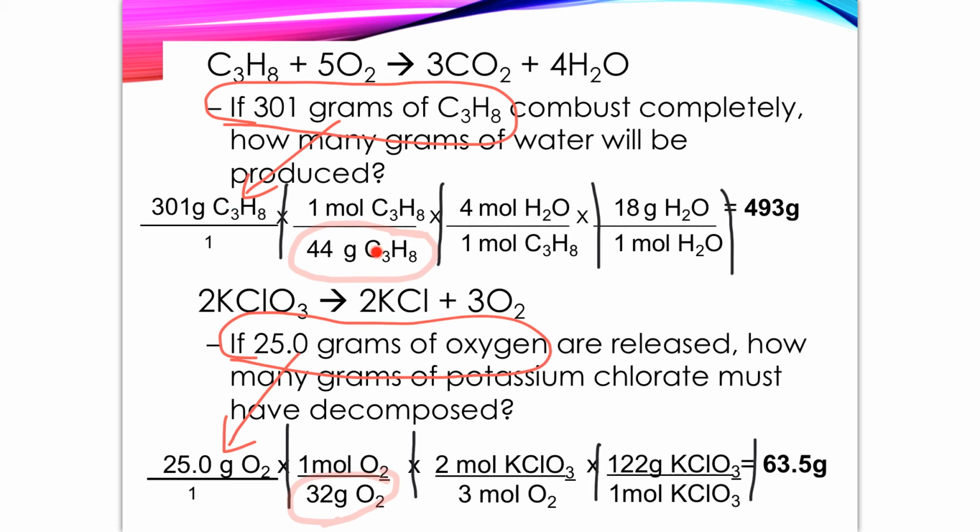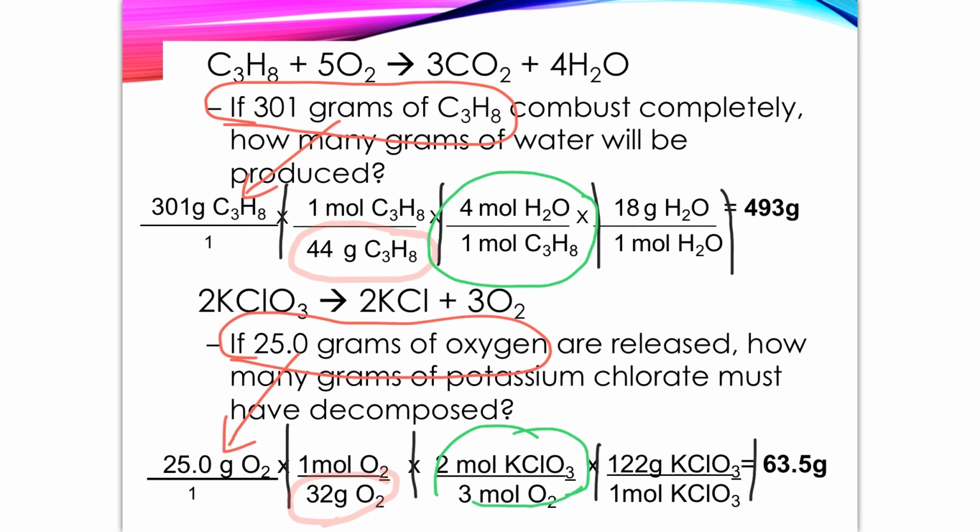C3H8 to moles of C3H8. Just what we did. Second thing we need to do now is we've got to look at our molar ratio from our balanced equation. So that's that there. Again, same place as the other ones.